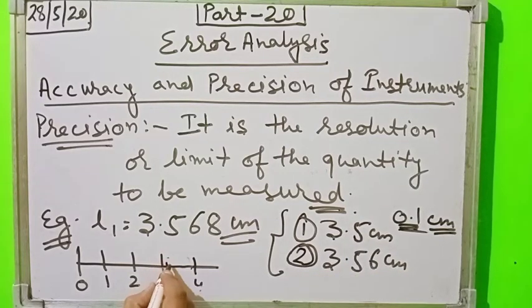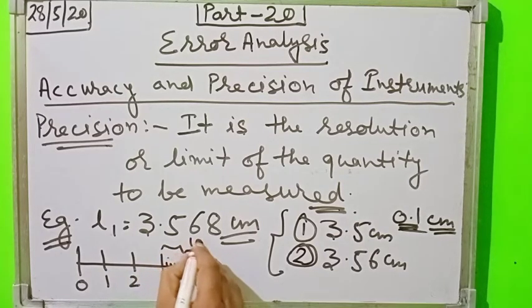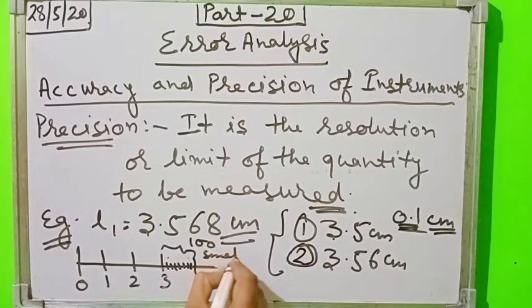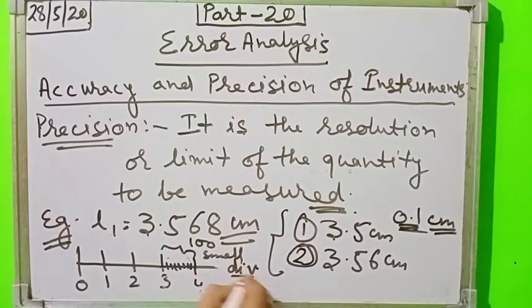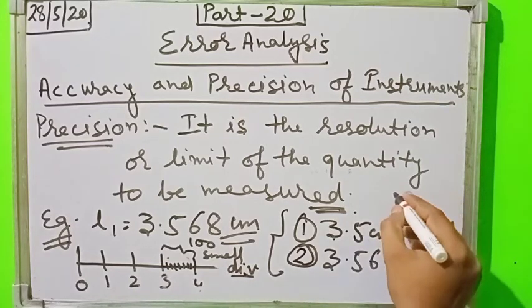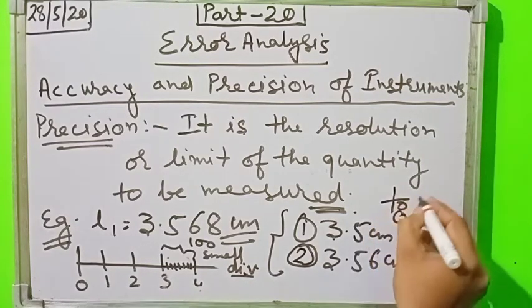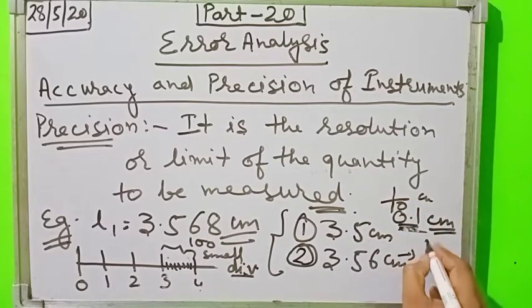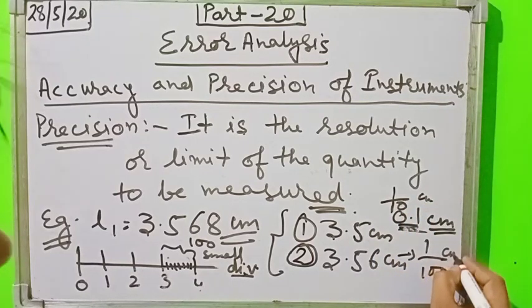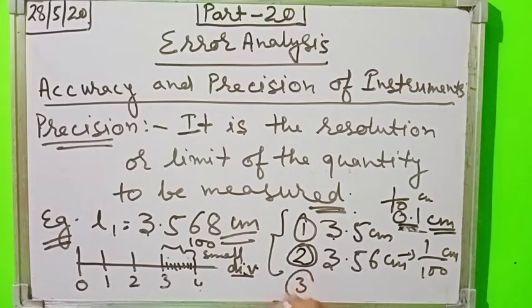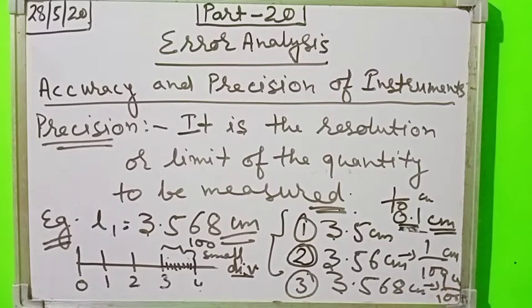One big division is divided into 100 small divisions. So its limit of resolution is 1/100 of the centimeter. And the third instrument measures 3.568 centimeter, means 1/1000 of the centimeter.